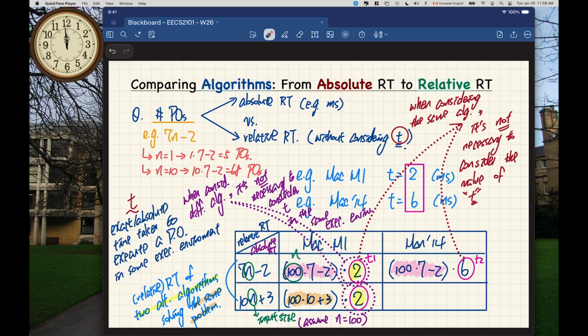You don't really have to consider the platform factor, the absolute running time for each algorithm to execute. It's just not necessary. It's a very important transition, because from now on, I'm not going to talk about the platform anymore. I'm also not going to talk about T. It's just not important. It's an important concept for you to grasp.